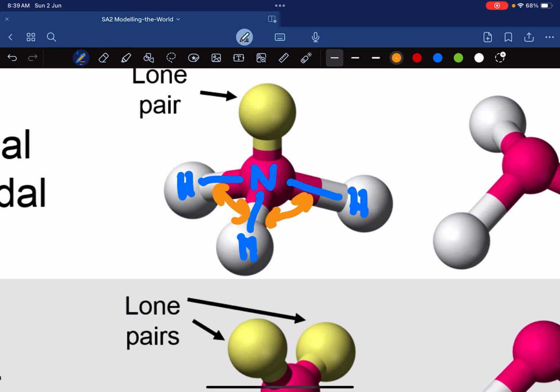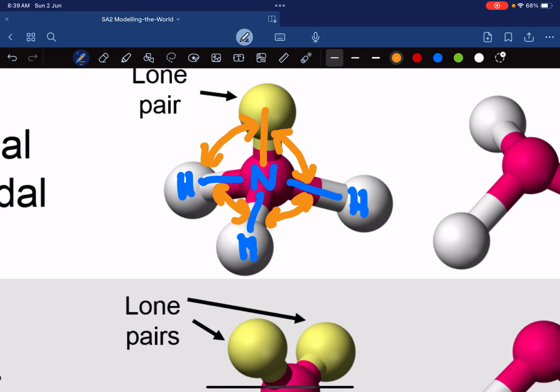But now we have a lone pair. This lone pair is different because we don't have another atom at the side here to stabilize it. So this is going to exert a greater degree of repulsion on the bonded pairs.